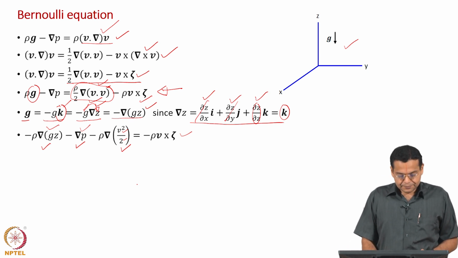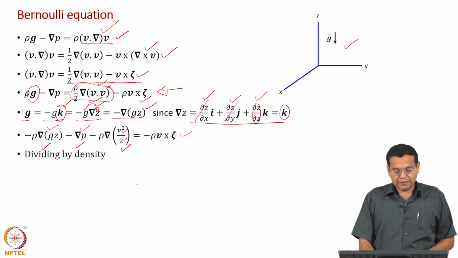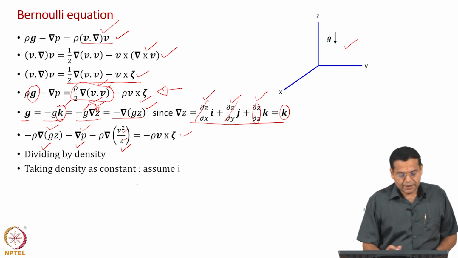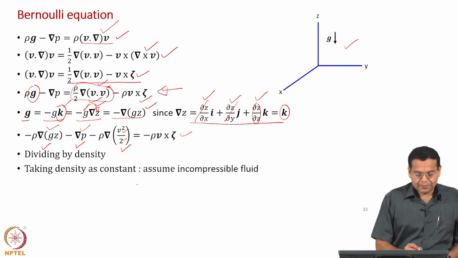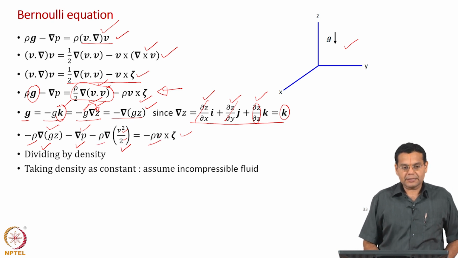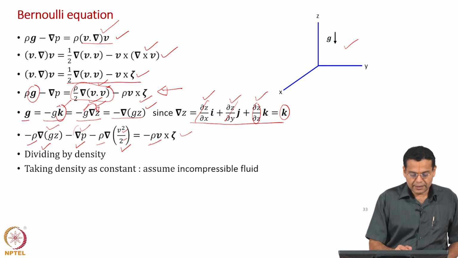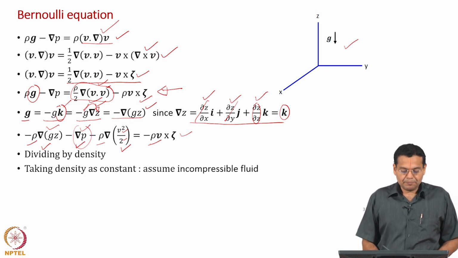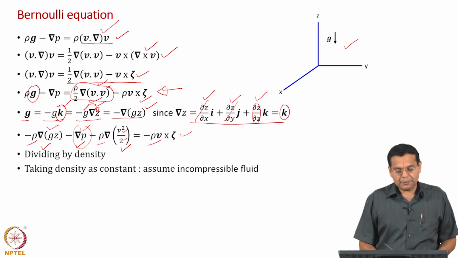Now what we will do is divide by density. I can divide this by density, I can divide this by density, similarly I can divide the right hand side also by density. But when I do this, I make another assumption that density is constant, which means that it is an incompressible fluid.